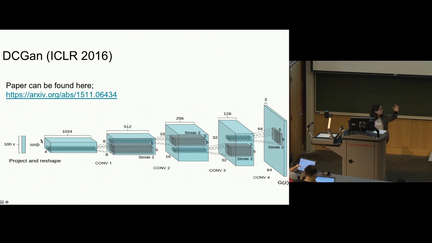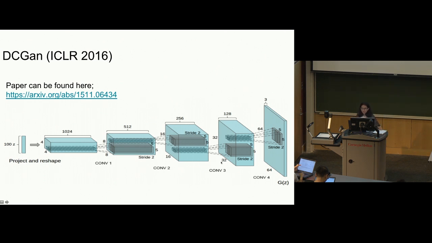Here there are 1024 feature maps, and then it passes through 4 convolutional layers, and the end result is a 64 by 64 by 3 pixel image. As you can observe, the number of filters in these convolutions decreases as you move along, but the resolution of the image keeps increasing. At the end, you can also change the 64 by 64 into other image sizes and have a high resolution image. And as they note in the paper, they are not using any fully connected or pooling layers.